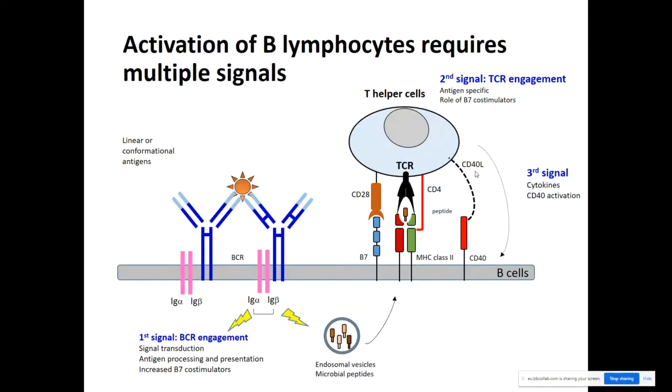And in order for the B cells to switch the type of antibody we produce from IgM to IgG, IgA, or IgE, we need this interaction between CD40 ligand and CD40. Why is this important? Because you have a group of patients who have a mutation in this protein, CD40 ligand, and they get a syndrome called hyper IgM syndrome.